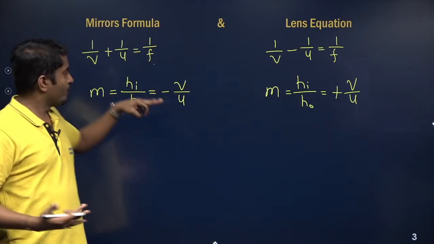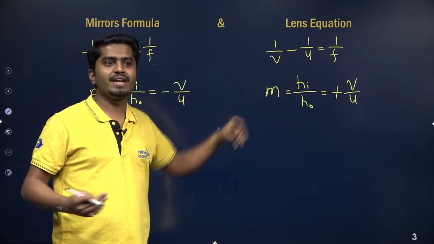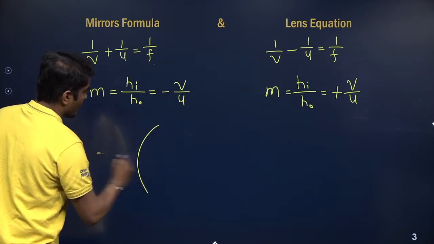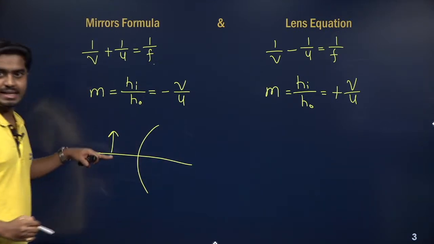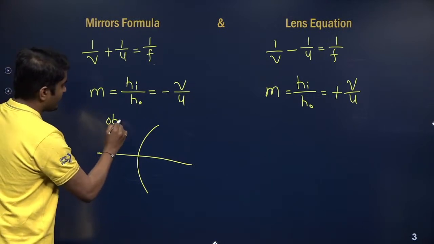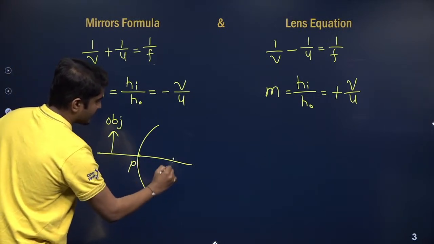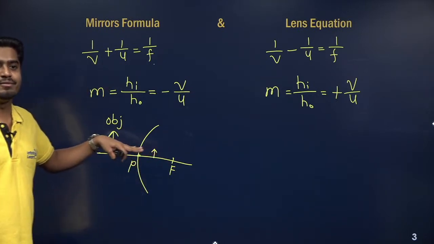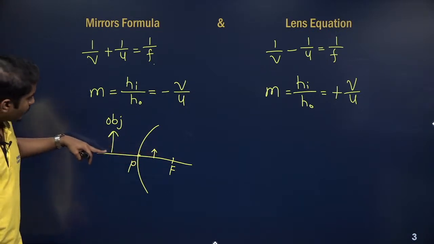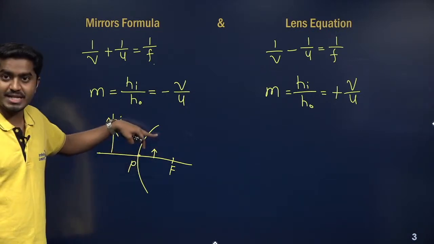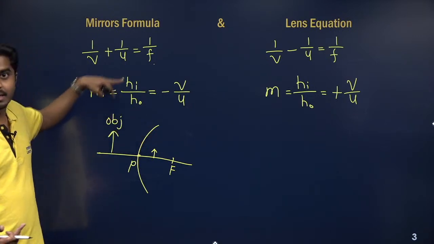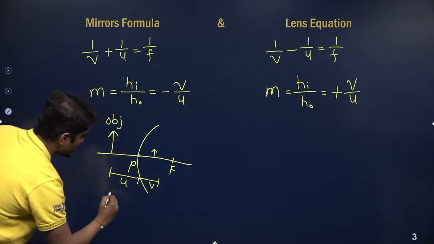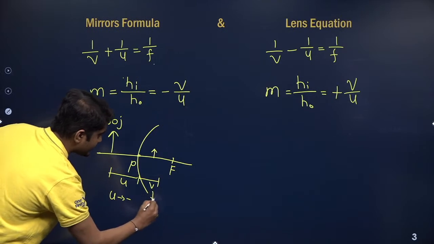Correct? How do you know whether you have written the correct sign for the magnification? Just remember one case. Suppose we have a convex mirror. If you place an object, the image will form between the pole and the focus. So is the magnification positive or negative? Both the height of the object and the height of the image are positive. But u is negative and v is positive.